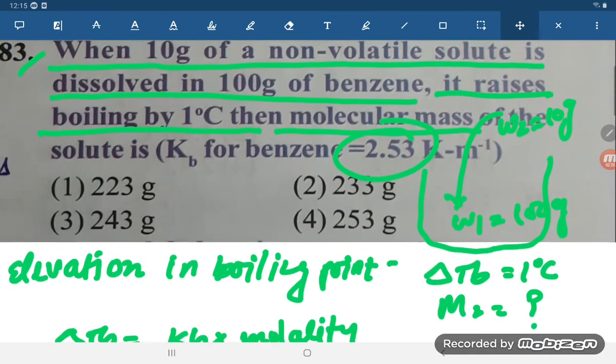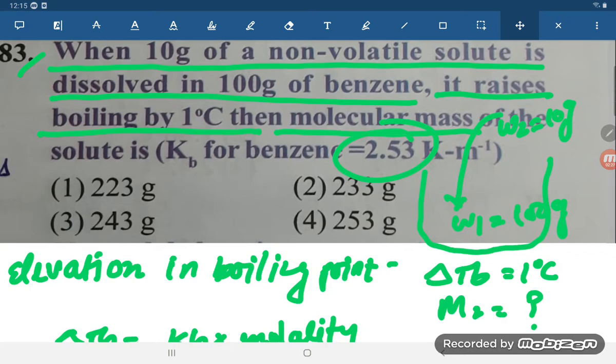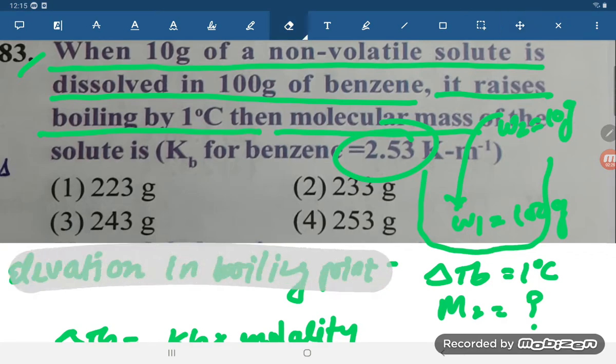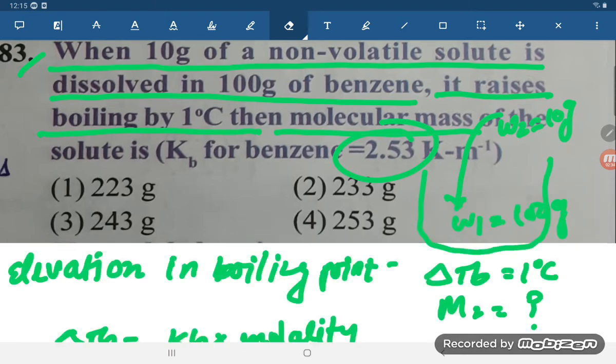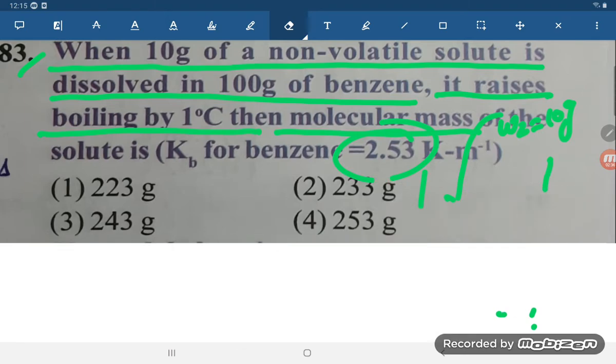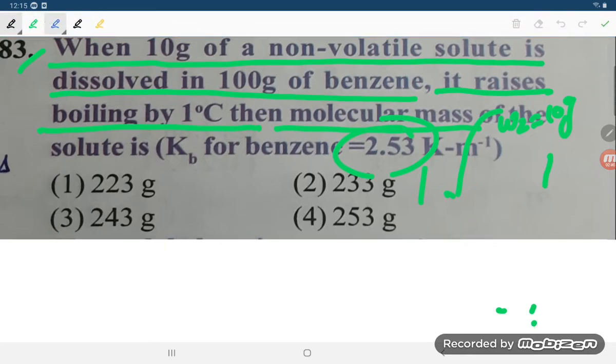Let us erase some part of the question, student, because the space is very less here. For calculation point of view, I am erasing this. So what are the values we got, student? Delta TB is already given.